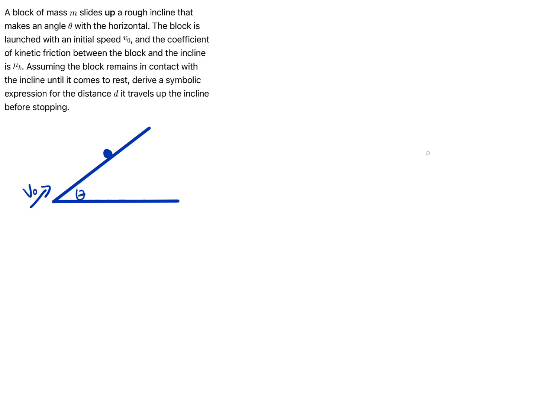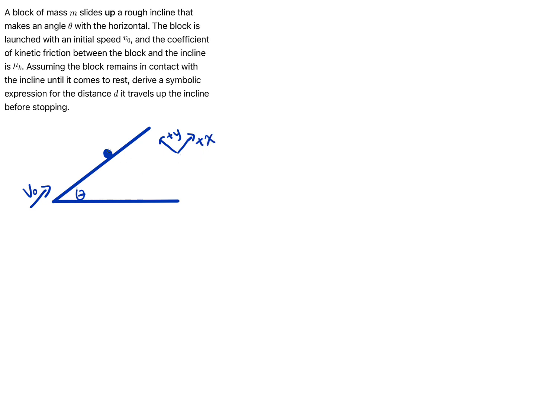So let's start with Newton's second law, and let's draw a free body diagram of all the forces acting on the block. I'm going to define the positive y-axis to be this way, and the positive x-axis to be this way.